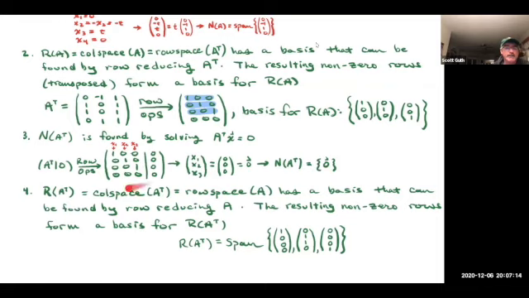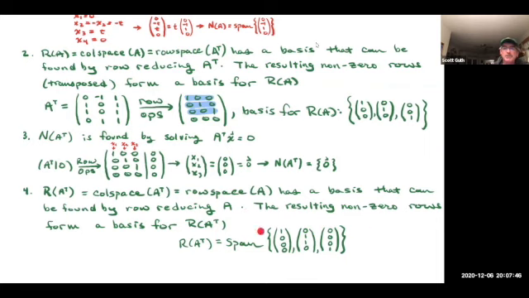Okay. Finally, the row space, the range of A transpose is the same thing as the column space of A transpose, which is the row space of A. And we've already row reduced A. So if you go back to the row reduced form of A and just get the non-zero rows, I wrote them as column vectors and maybe I shouldn't have.